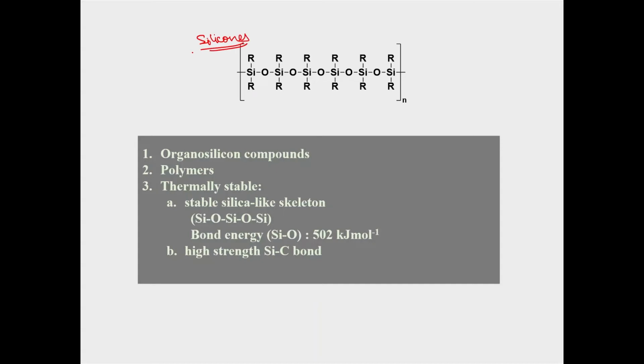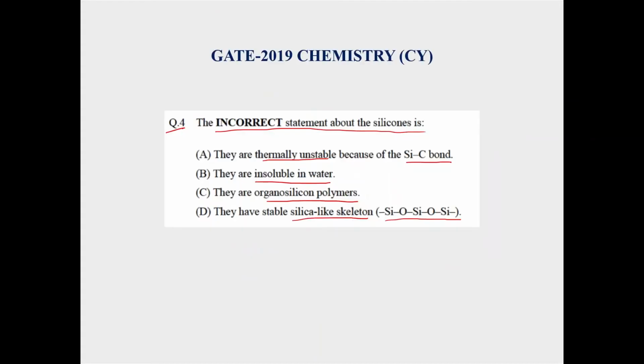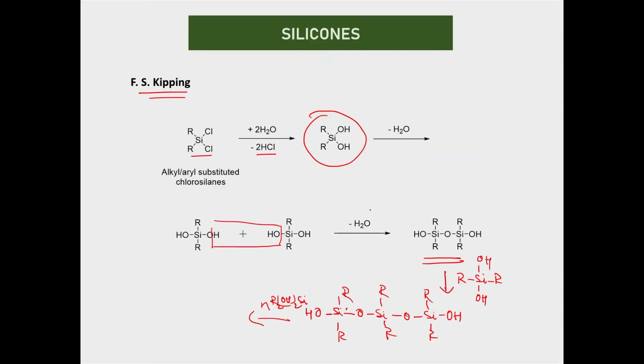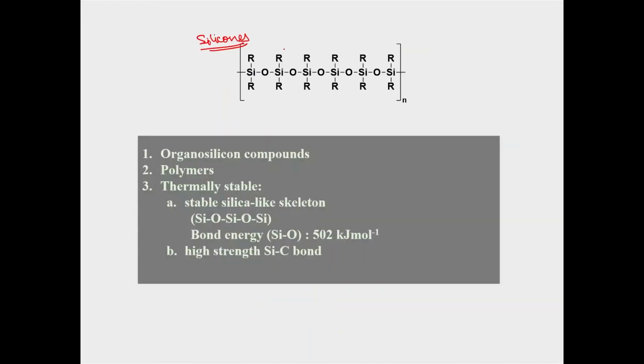Now the options given in this question are: they are thermally unstable because of silicon-carbon bond, they are insoluble in water, they are organosilicon polymers, and they have stable silica-like skeleton. So this is the structure of silicones.